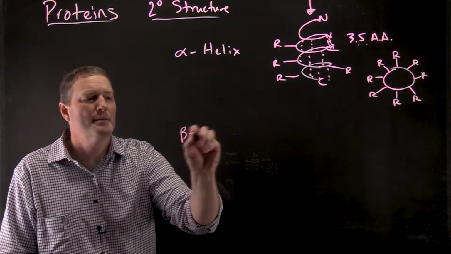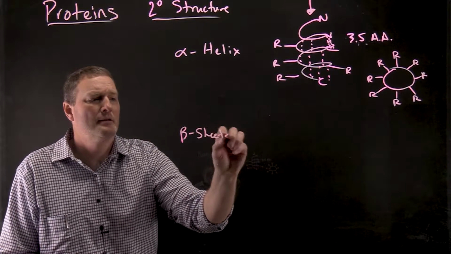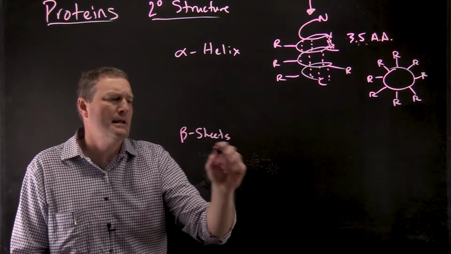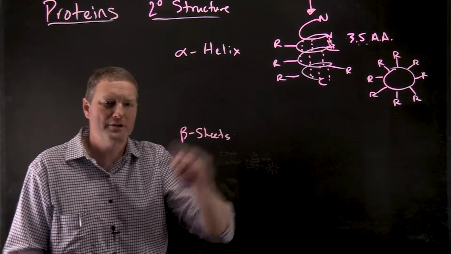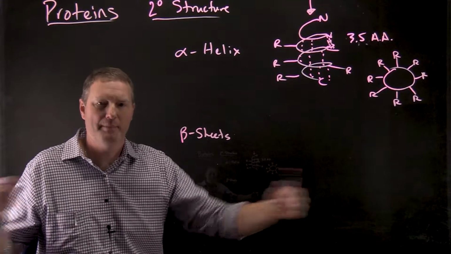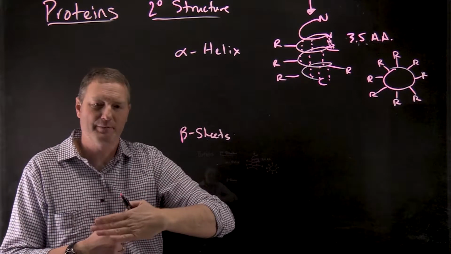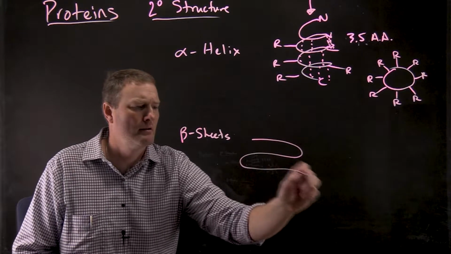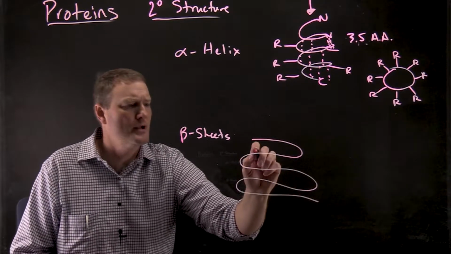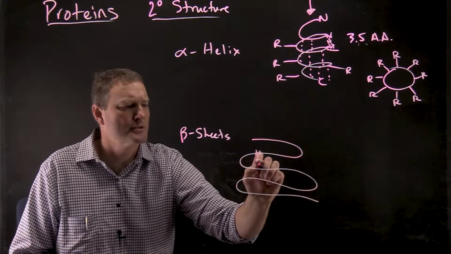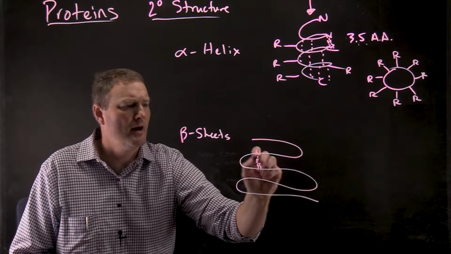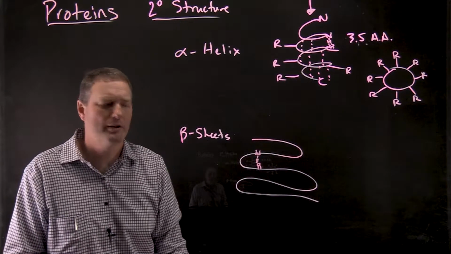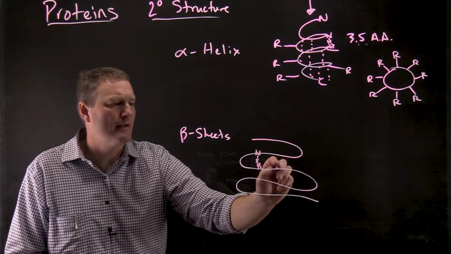Beta sheets are quite a bit different. These tend to exist if you imagine taking that long polypeptide chain and allowing certain regions of it to fold over back and forth, kind of like an accordion. You can then have hydrogen bonding interactions between carbonyls of an amide on one part of the protein and an NH group, and vice versa.